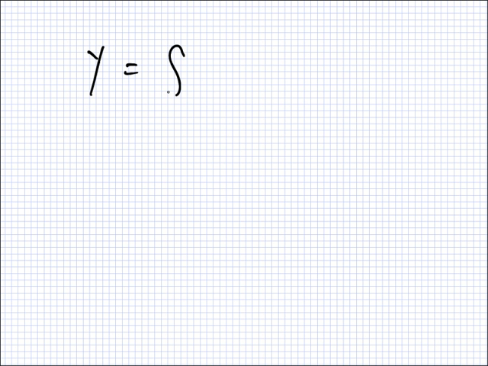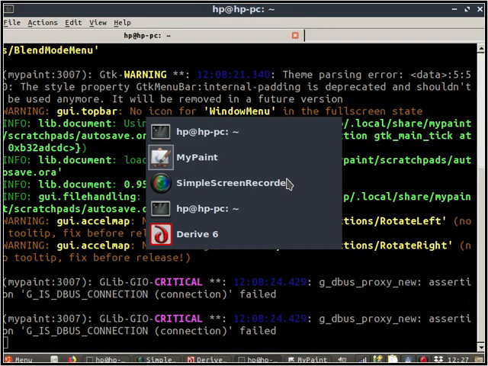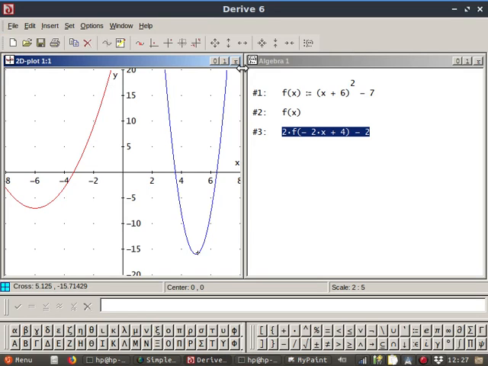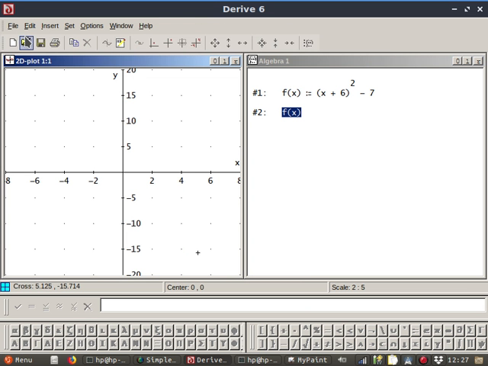Lastly, what happens if you do this or if you do this? Let's have a look. Let's use this example. What do you think would happen if I put the modulus, which is also called the absolute, another name for it?